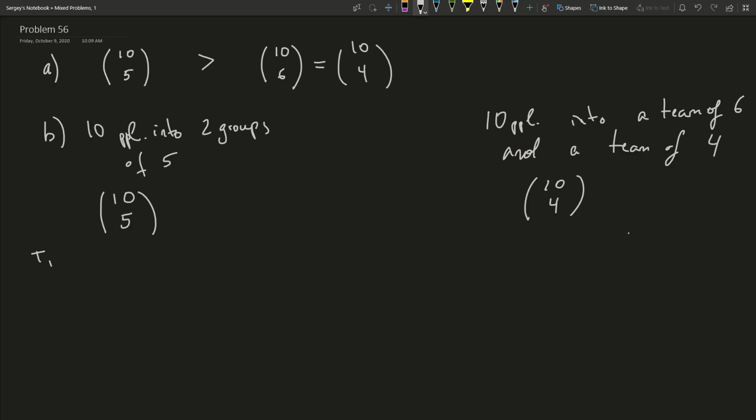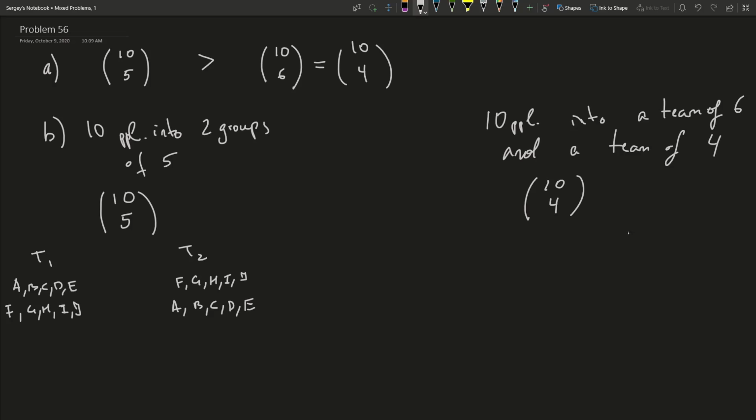So if we have team 1 here and team 2 here, one of these 10 choose 5 groupings could be A, B, C, D, E, F, G, H, I, J. But another one of these 10 choose 5 groupings is F, G, H, I, J for the first team, and then A, B, C, D, E for the second team.